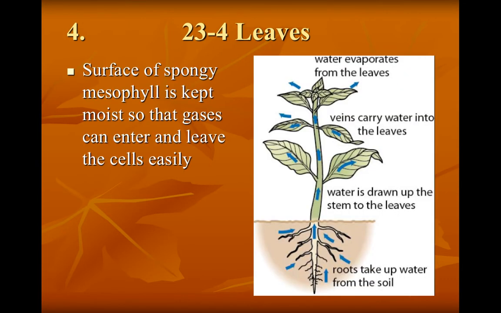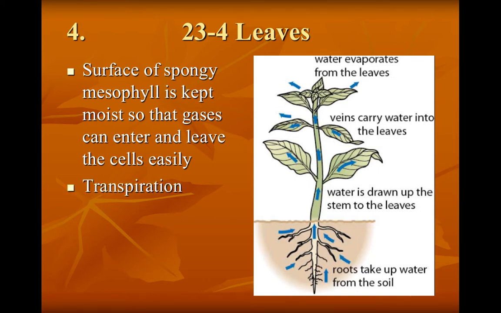Okay. So the spongy mesophyll, that lower mesophyll layer, is the site where gas exchange happens most commonly. The surface area of the spongy mesophyll is actually kept wet a lot. So there's a lot of moisture in that area so that gases can pass through the walls of those cells quite easily.